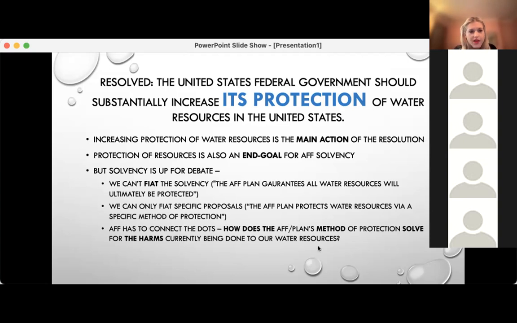So you have to have a method of protection, and then you use inherency and harms to say that there's a current threat to our water resources. And then the plan is, what is your plan for protecting them? And your solvency is, how does that plan actually work? Because putting forward a plan for protection doesn't always mean that you're going to be protected. That's how protection kind of works.